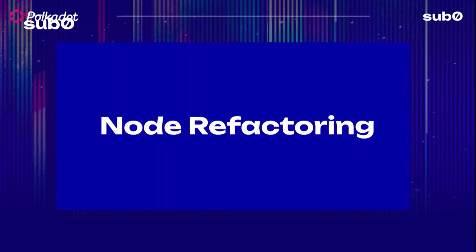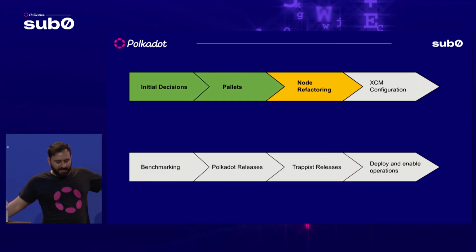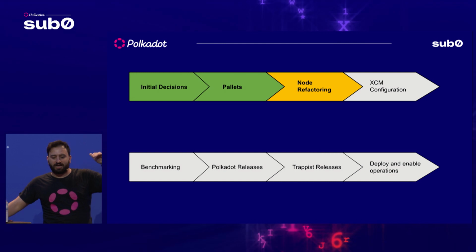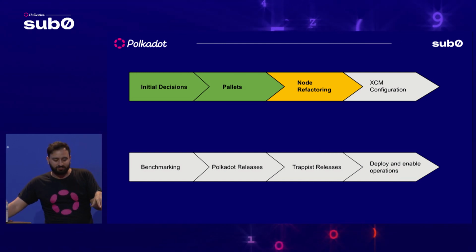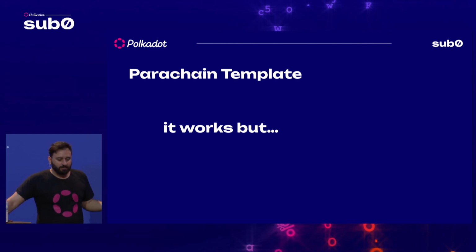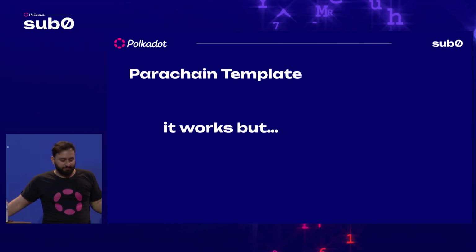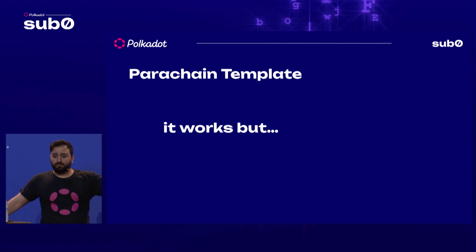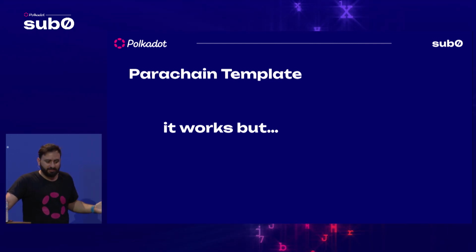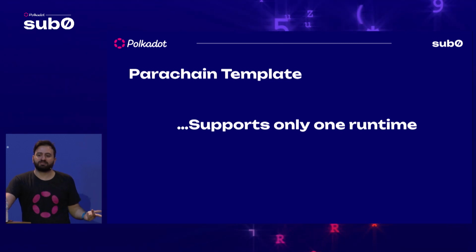Node refactoring, OK? We came from the pallet decisions, and then when we tried to have a Stout runtime and the Trappist runtime, we realized that the node was not ready. You have the Parachain template. It works great, right? You get the Parachain template, you run it, perfect. You don't need anything. But it supports only one runtime.